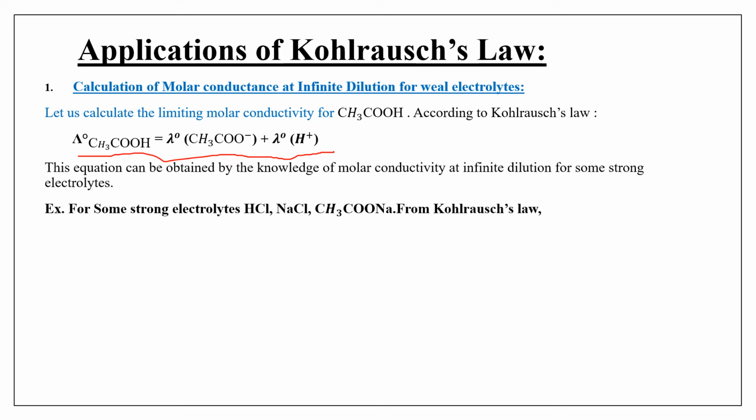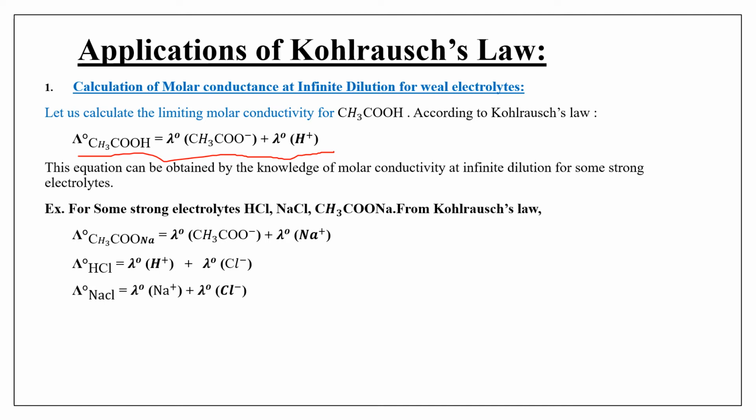For example, some strong electrolytes are HCl, NaCl and sodium acetate, CH3COONa. From Kohlrausch law, the molar conductivity of sodium acetate will be equal to the molar conductivity at infinite dilution of the acetate ion plus the molar conductivity of Na positive at infinite dilution. Similarly for HCl, and the same for NaCl.